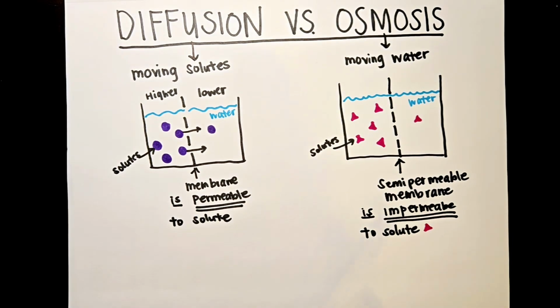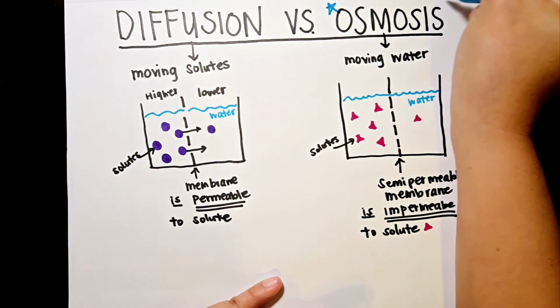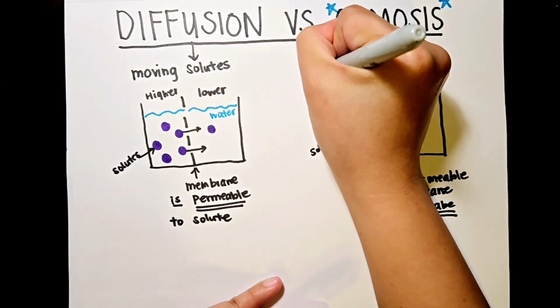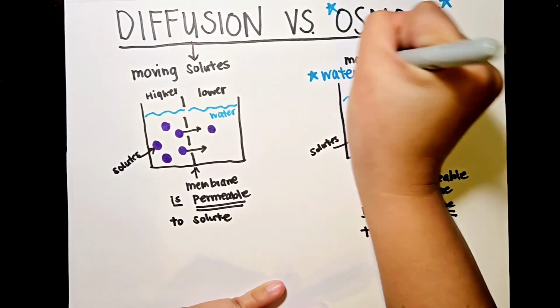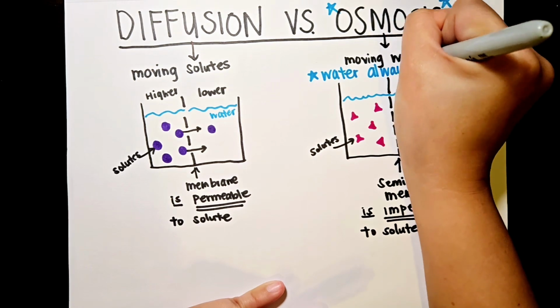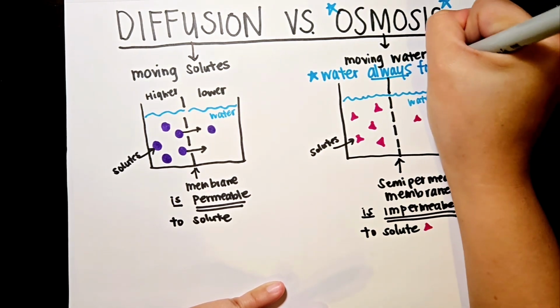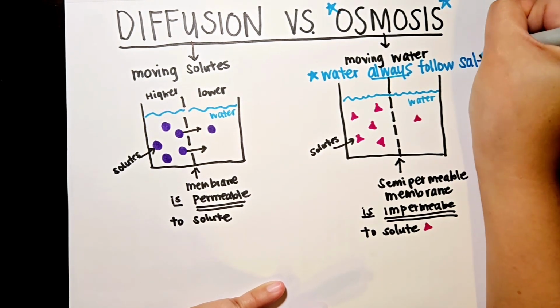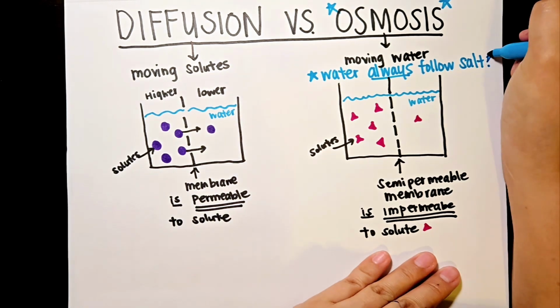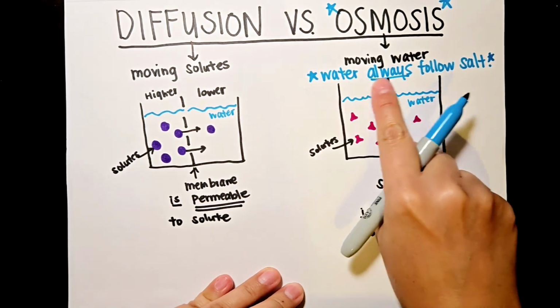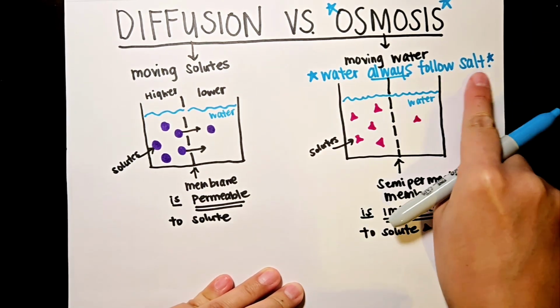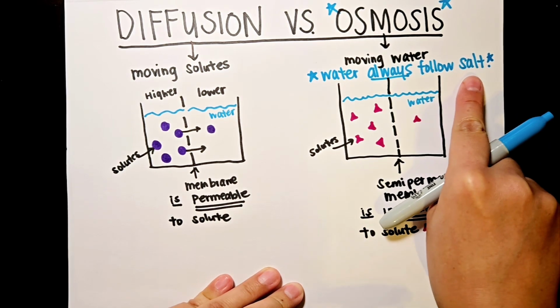So the main rule to remember for osmosis is that water always follows salt, which means water will always move to the side with a higher concentration.